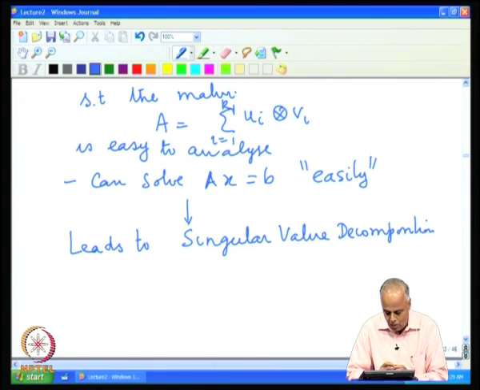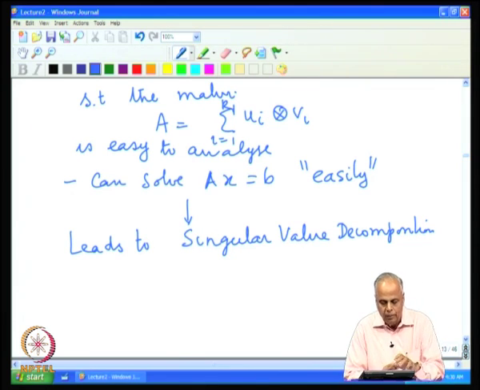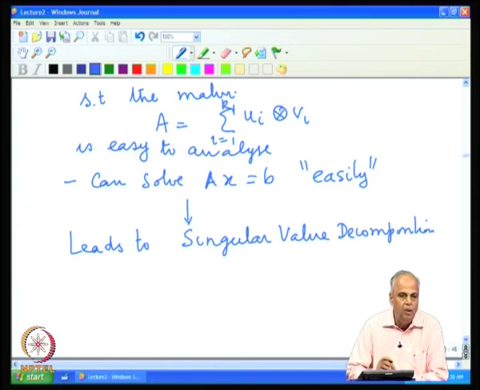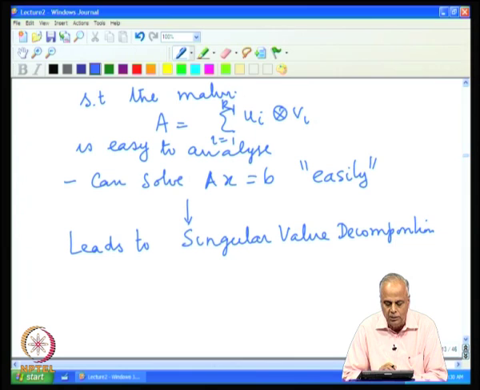Both are closely related to each other. When we get to these details, we will see all these are totally related to each other. This is another important problem. In particular, the way we choose the ui's and the vi's would make not only solving the system A x equal to b easy, it would even help us in compressing the data that A stores.